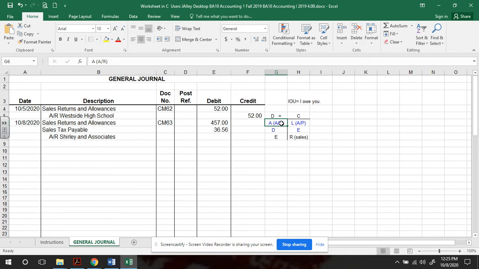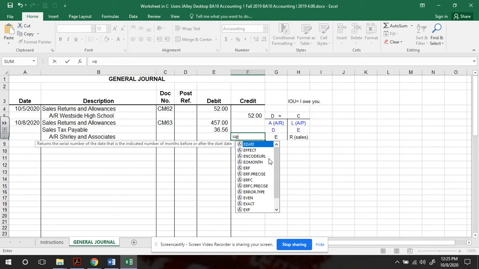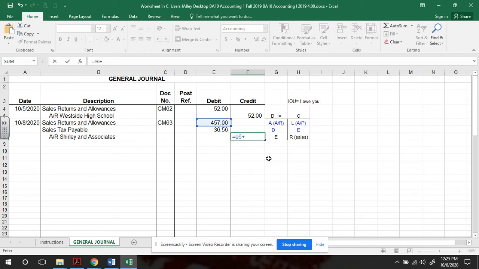Shirley and Associates, when they took this stuff out, they owed us money. So now they're returning it. So this is the same as a payment. It will reduce how much they owe us. And so I'm going to let the computer do the math for me. And I'm going to put in, it looks like E6 plus E7.